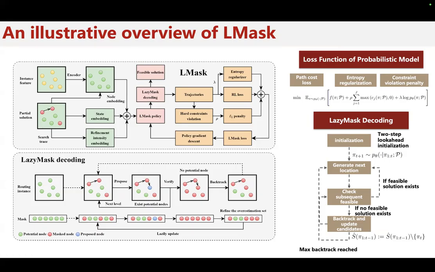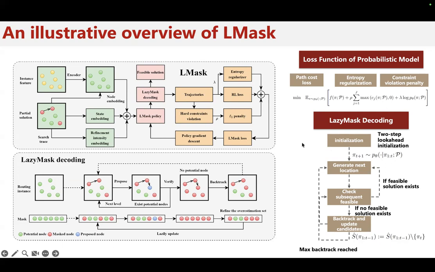Then you may ask how we sample feasible solutions for the easy constraints. Here, because this is a routing problem, the process is different.